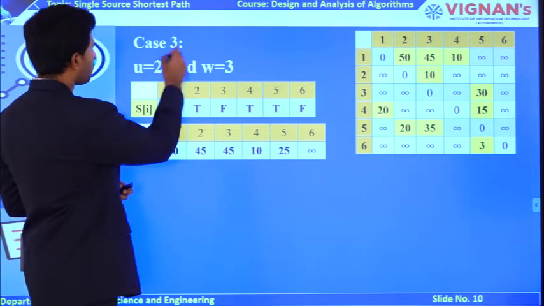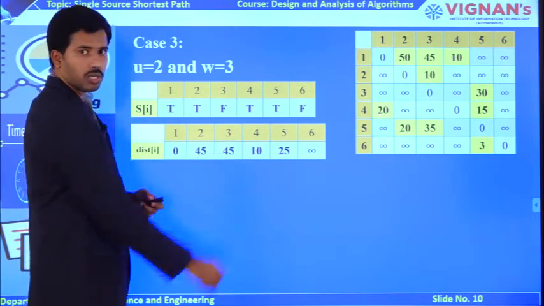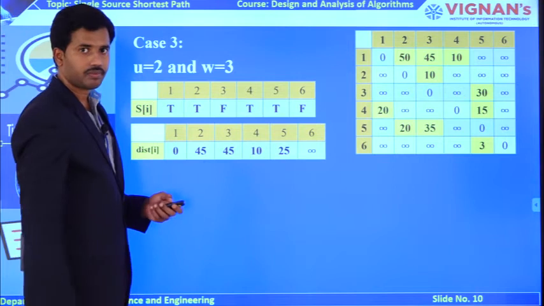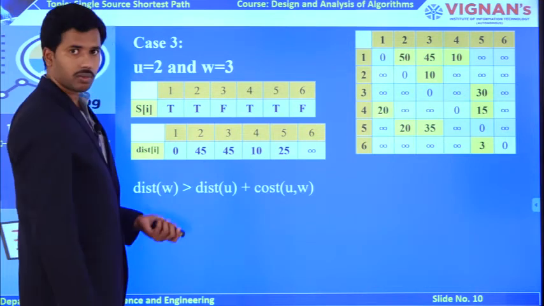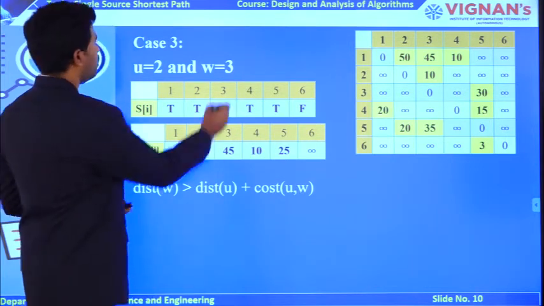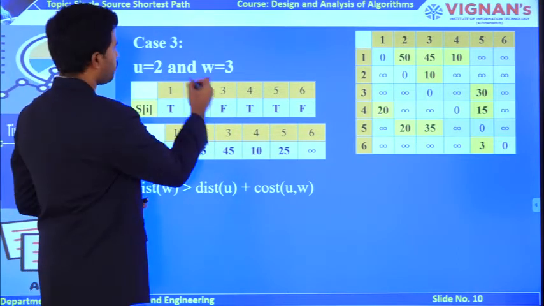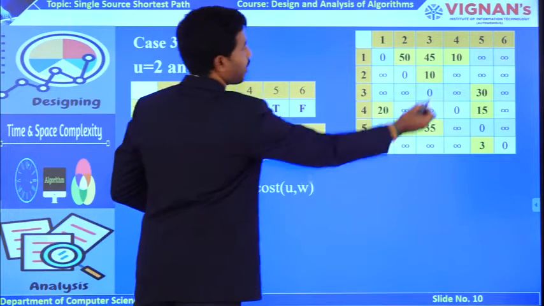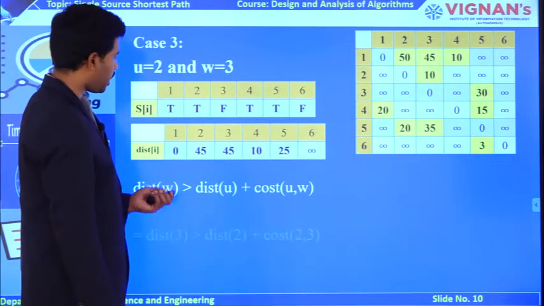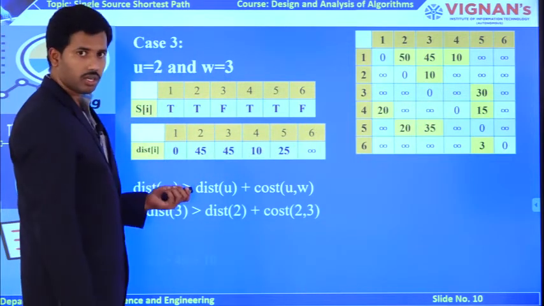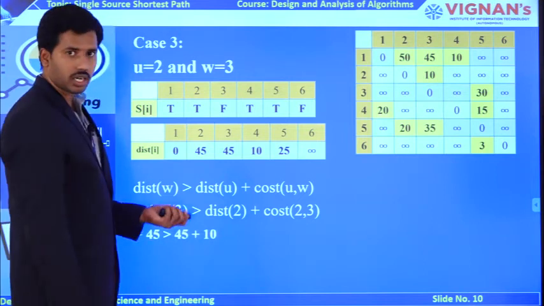With case number 3, I am verifying whether there is any possibility to update my distance vector. This is my mathematical formula. To update this formula, W is 3 and U equals 2, and the cost to reach from 2 to 3 is 10, right? Based on these values, you update the formula and verify whether my logic is correct or not.